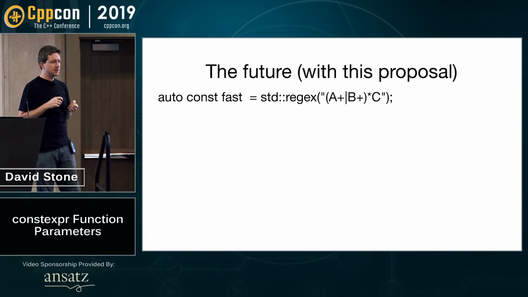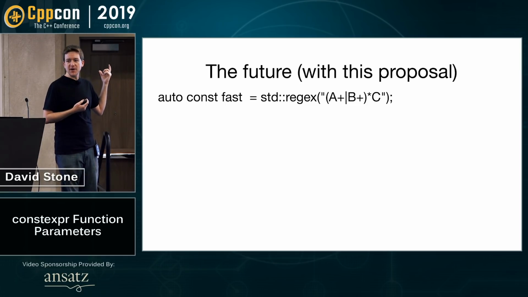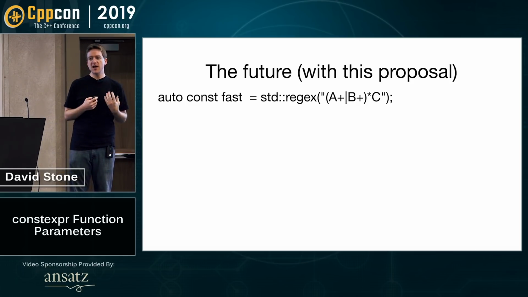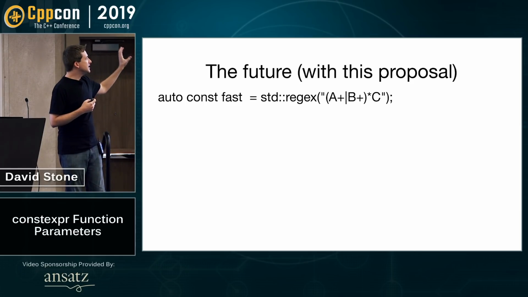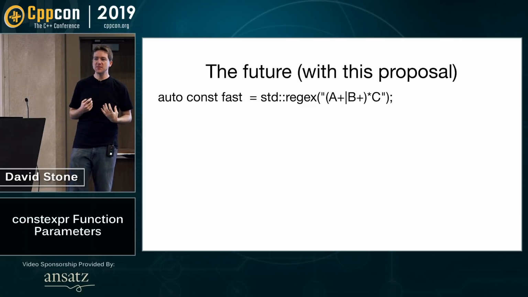same regular expression, most regular expressions are compile time constants. This is the idea behind Hana Dusíková's CTRE library, the compile time regular expression library, that if you know the regular expression string at compile time, then you can actually do some really amazing optimizations.